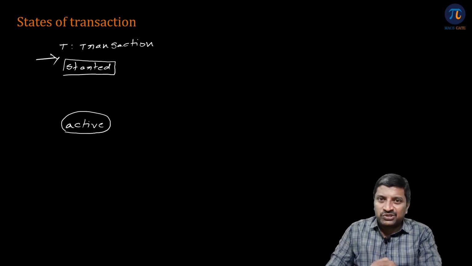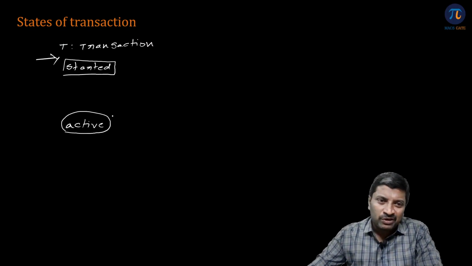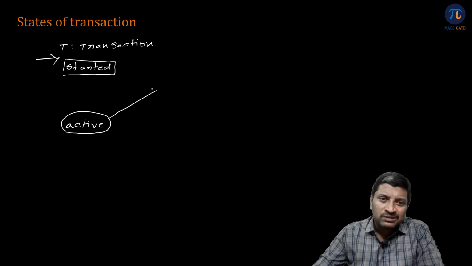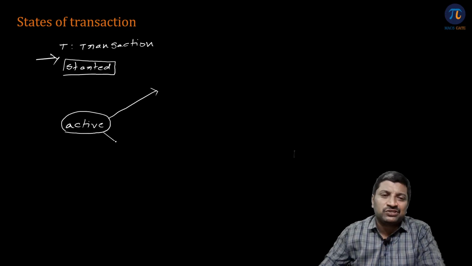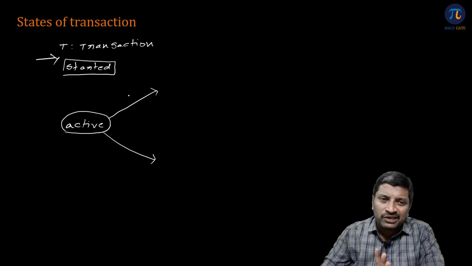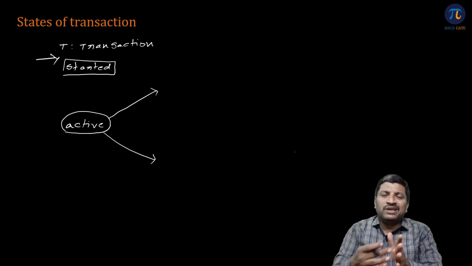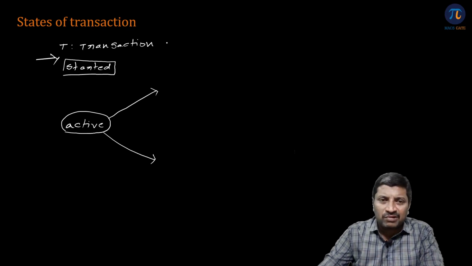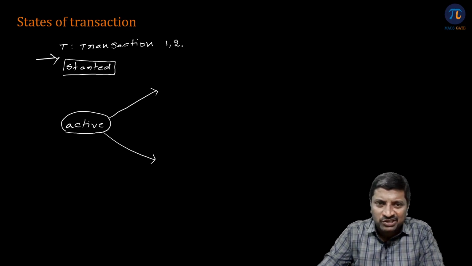Whenever it is in active state, there are two possibilities. Either it is success or it is failure. Suppose the transaction has operations 1, 2, 3, 4, 5, 6.